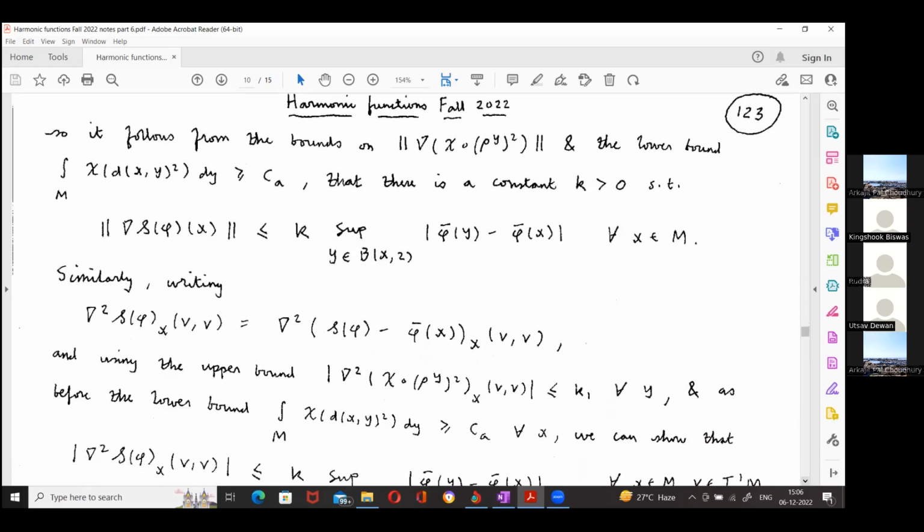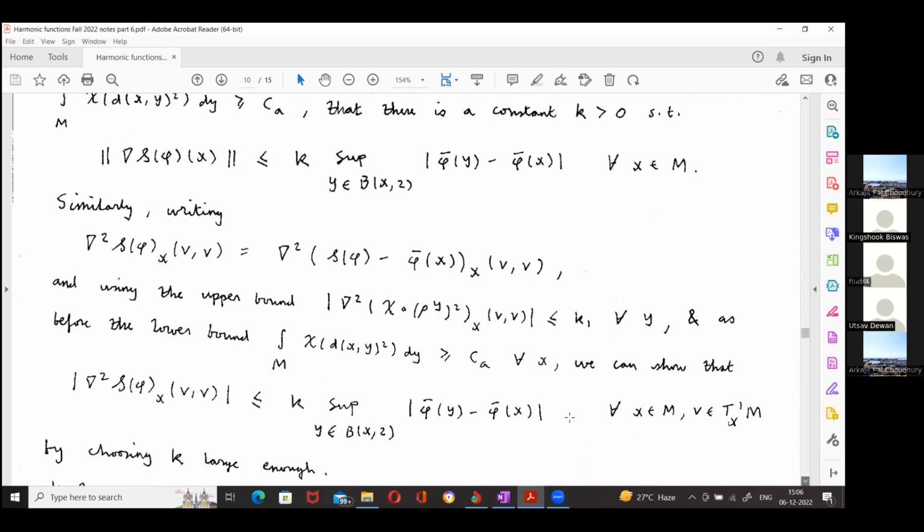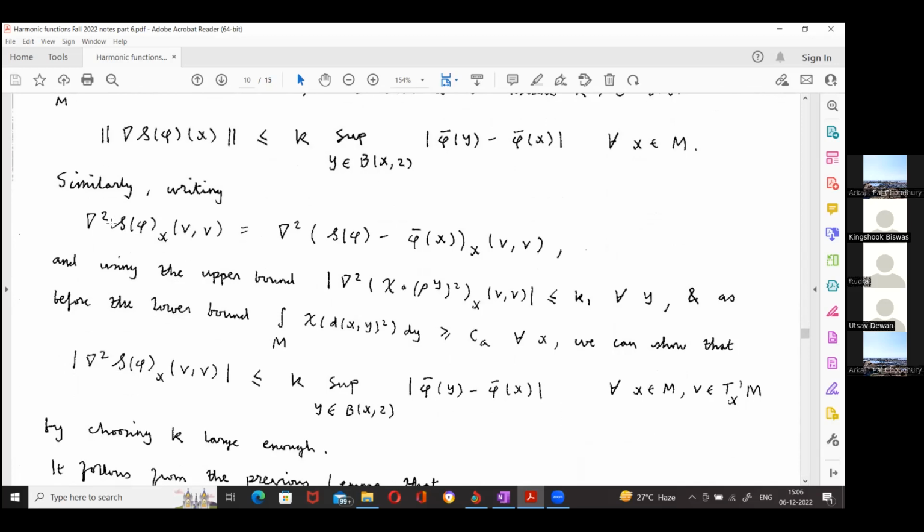Okay. And similarly, if we look at the Hessian of S phi, then again I write it as the Hessian of S phi minus the constant phi bar x, and I write this as an integral as earlier. And then you compute the Hessian. That's a longer computation. But at some point you'll see a term like the Hessian of chi composed with rho y squared, which we saw is bounded uniformly.